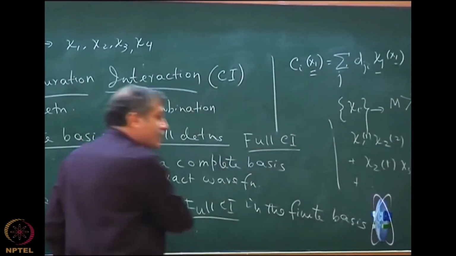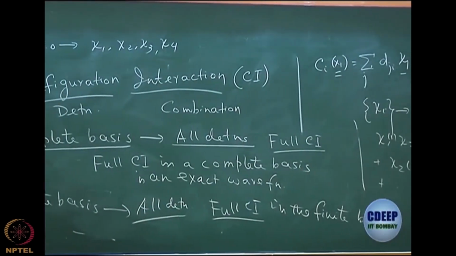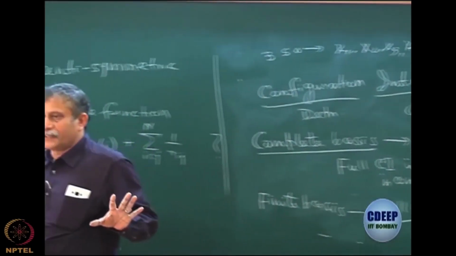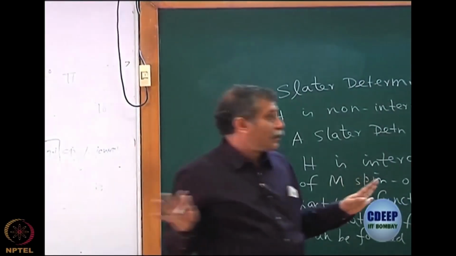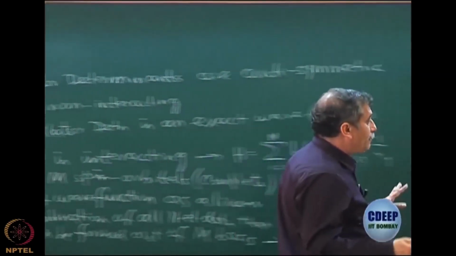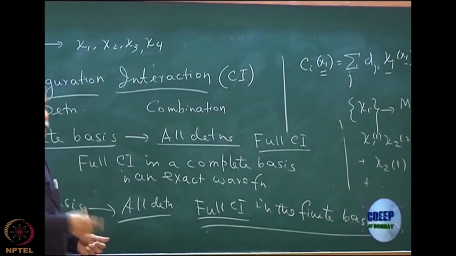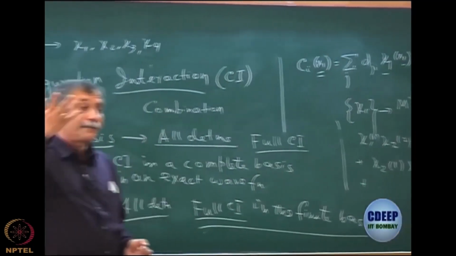The name full CI just means that all determinants have been taken. As long as you are taking all determinants in a given basis, we will call it full CI, because anyway we will never get the complete basis. So, we will worry about full CI in the finite basis. Whenever we say full CI, you have to specify the basis. Even full CI results are different.